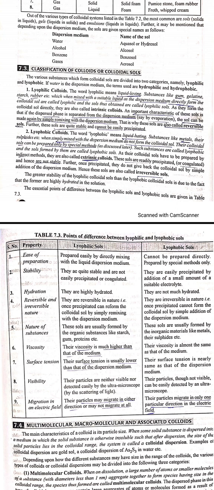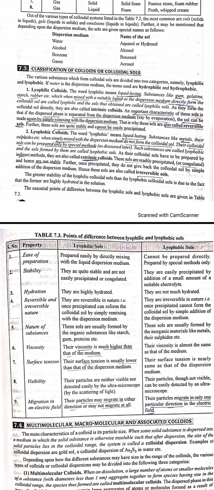The word lyophilic means liquid loving substances like gum, gelatin, starch, rubber, etc., which, when mixed with a suitable liquid as a dispersion medium, directly form the colloidal sols, are called lyophilic, and the sols thus obtained are called lyophilic sols. As they form the colloidal sols directly, they are called intrinsic colloids.